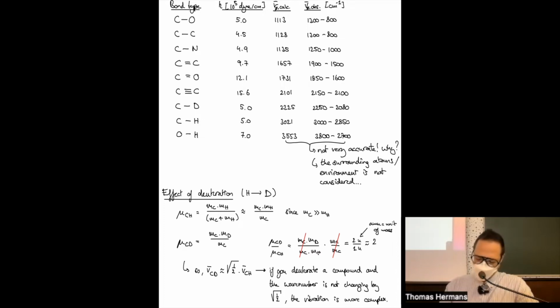So if you consider the reduced mass of carbon and hydrogen, right? It's the mass of carbon times the mass of hydrogen in grams over the sum, right? But now if you compare the weight of carbon and hydrogen, hydrogen is almost nothing compared to carbon.